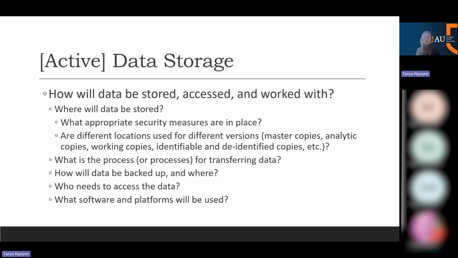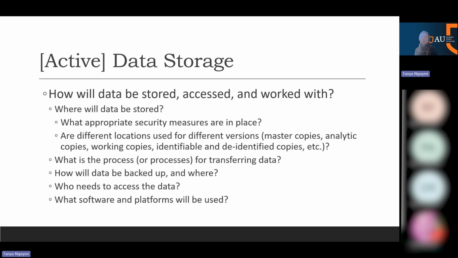You also want to think about whether you have identifiable and de-identified transcripts, and whether you need to store those two separately from each other. That's a common question we get through the ethics application, but you need to have a way to do that in the storage system you're using.